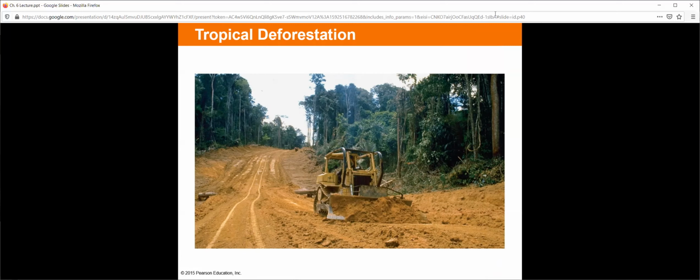This particular picture looks like they're building a road, so not the best of pictures, but this is a very common occurrence. And it's funny that we still have this issue, because we learned the importance of soil manipulation and soil development 500-600 years ago. But somehow we want to chop down a rainforest and still expect all of our cash crops to grow there like it's no one's business.